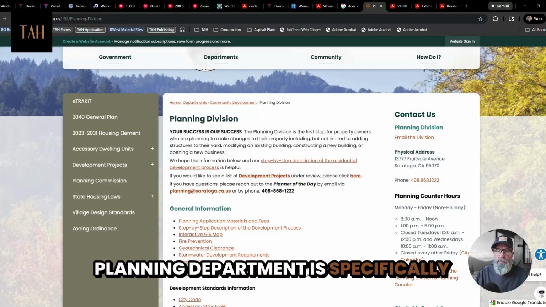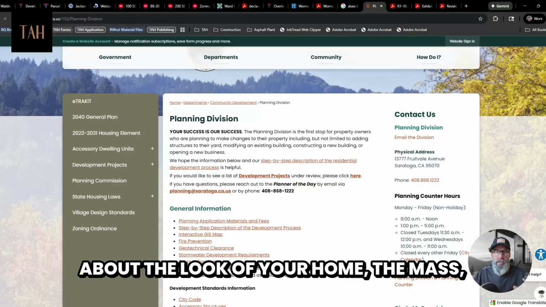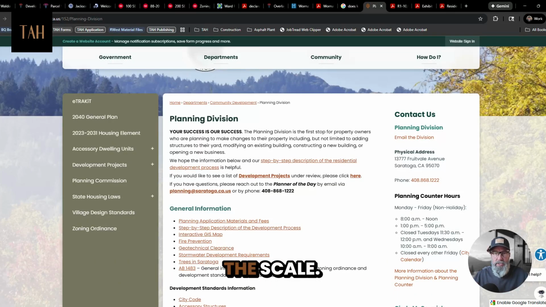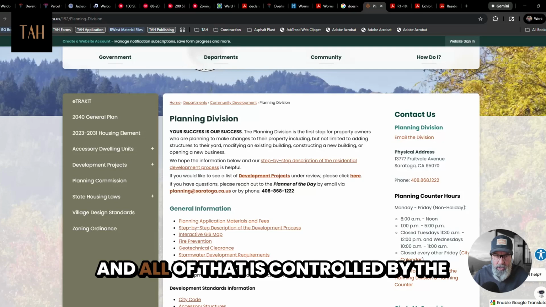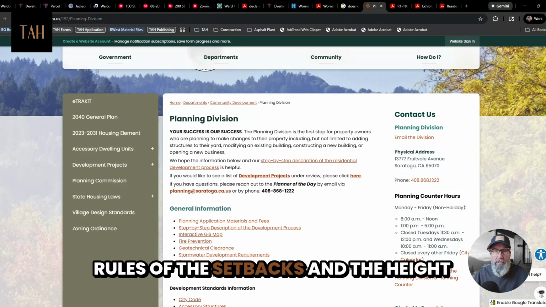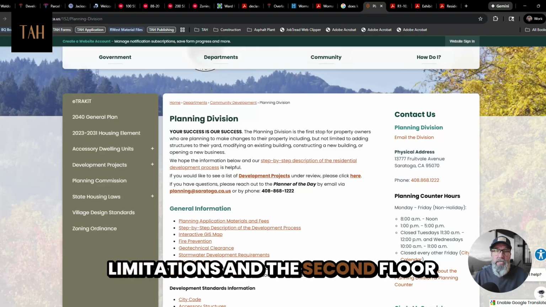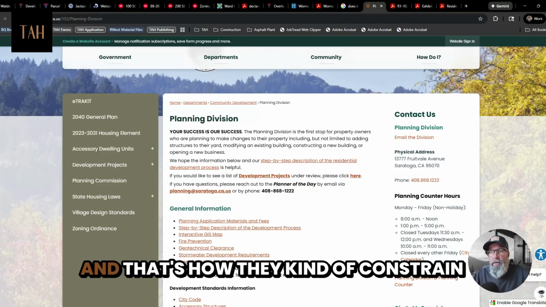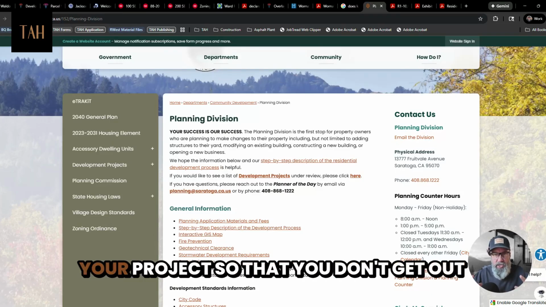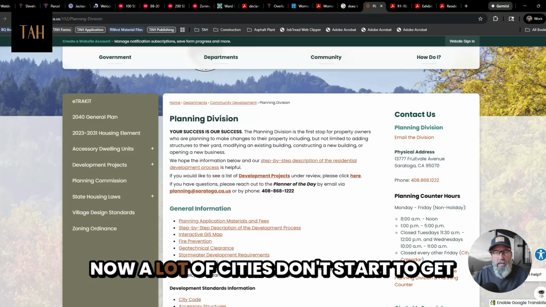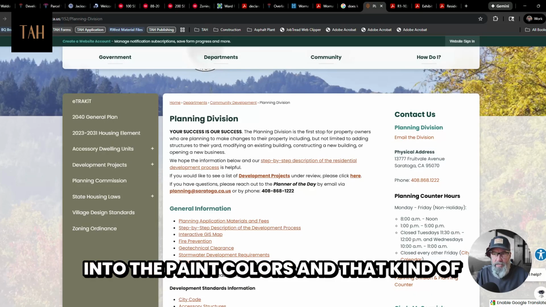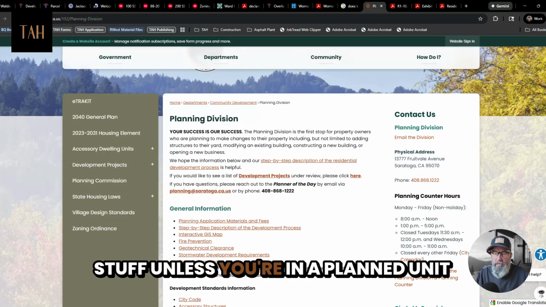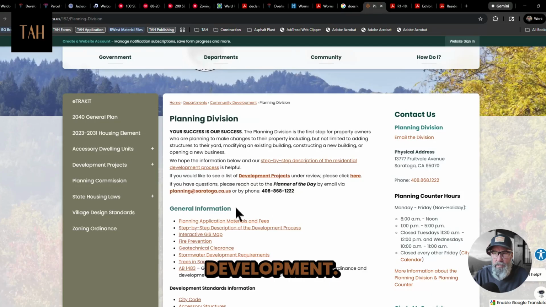The planning department is specifically about the look of your home, the mass, the scale, and all of that is controlled by the rules of the setbacks and the height limitations and the second floor setbacks. That's how they constrain your project so that you don't get out of control. Now, a lot of cities don't start to get into the paint colors and that kind of stuff unless you're in a planned unit development.